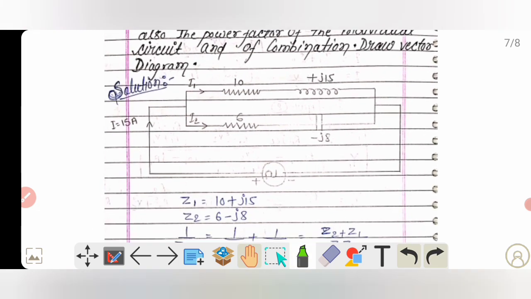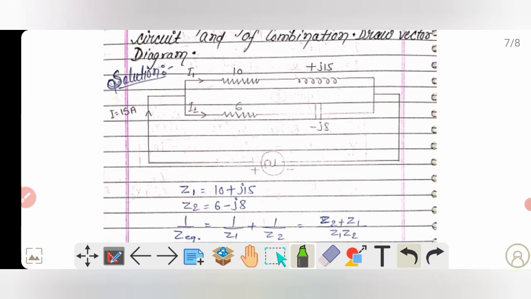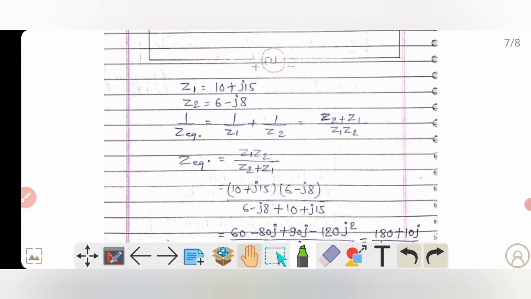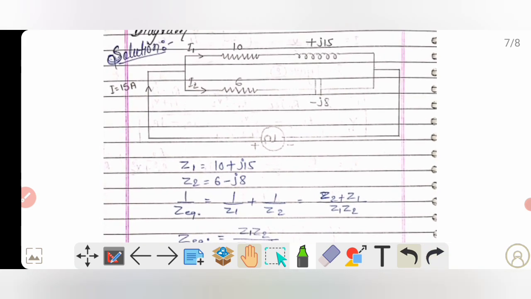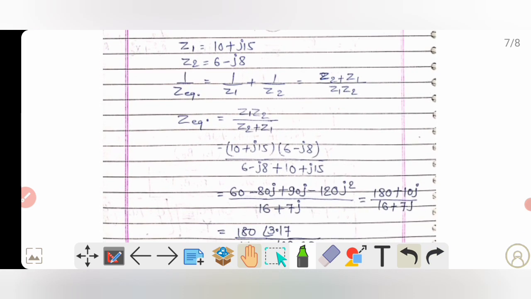Now my dear friends, as you can see here, this is the circuit diagram, and Z1 is equal to 10 plus j15, and Z2 is equal to 6 minus j8. Now, as we know, these both are in parallel, so if you want to calculate Z equivalent, its value will be equal to Z1 Z2 by Z1 plus Z2.